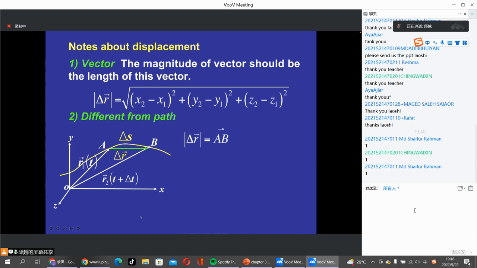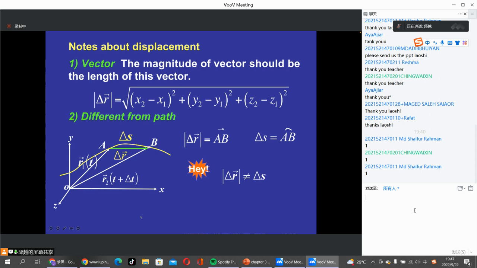Here we can see the length of the displacement vector equals AB. And we also have the length of the trajectory from A to B, delta S, it equals the length of this arc AB.